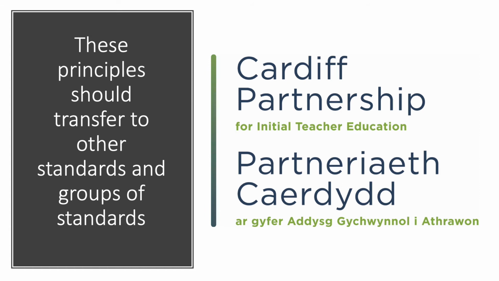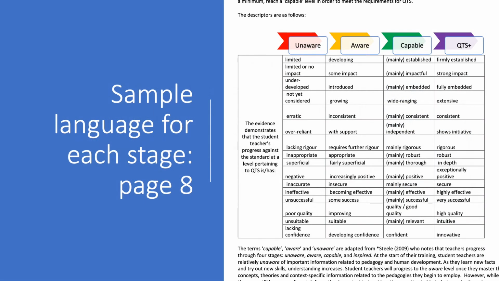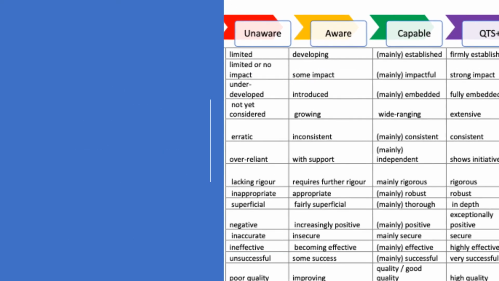The key thing to look for here is the Assessment of Student Teachers on Clinical Practice Guide, which is available in the Cardiff Partnership area of Moodle. In that book is a really helpful table of the sort of language you would be using when discussing students at particular levels. And that language is really handy for crystallising your thinking about where people are.